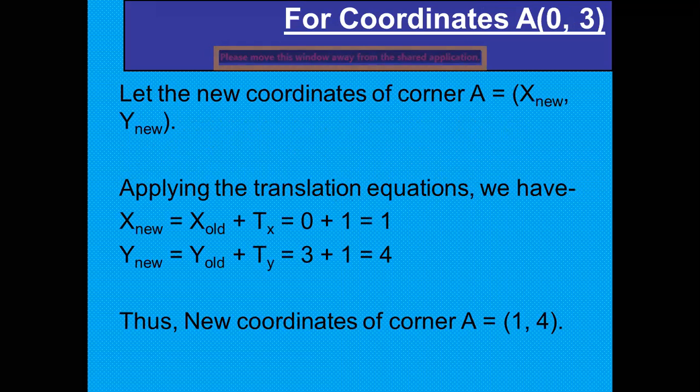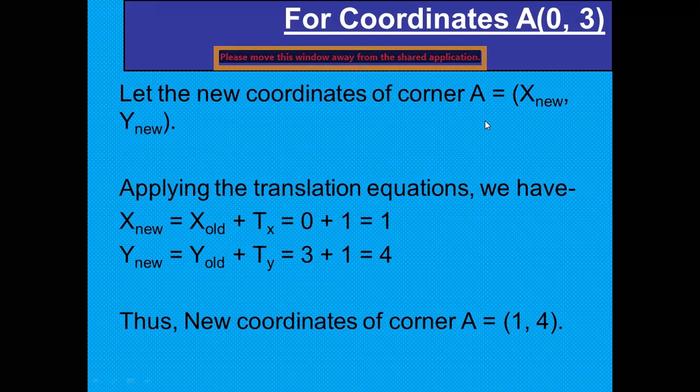Let the new coordinates of corner A be (x new, y new). Now apply the translation equations: x new is equal to x old plus tx, y new is equal to y old plus ty.